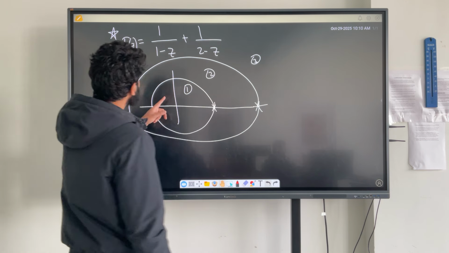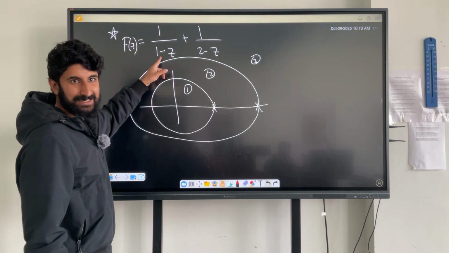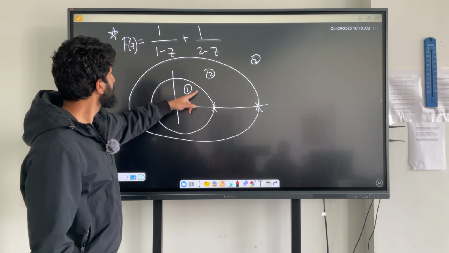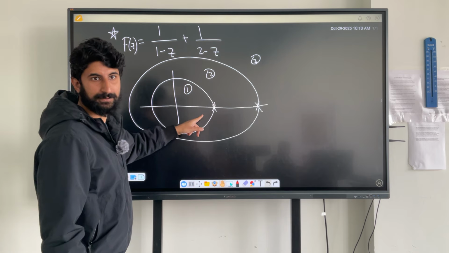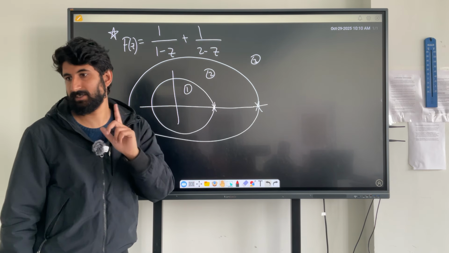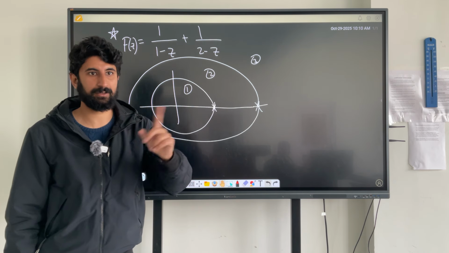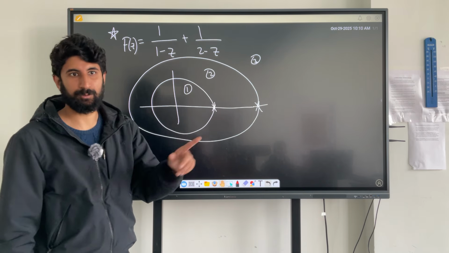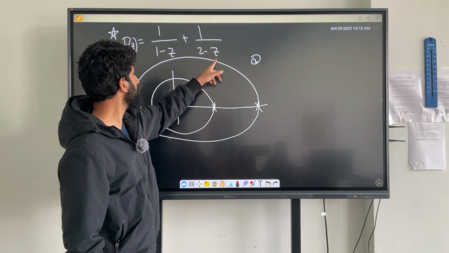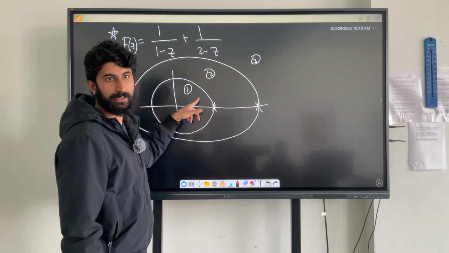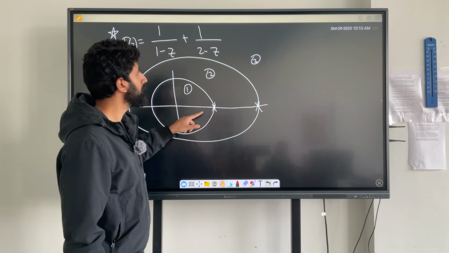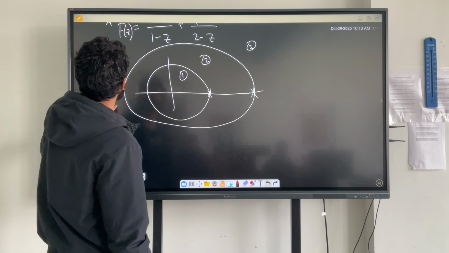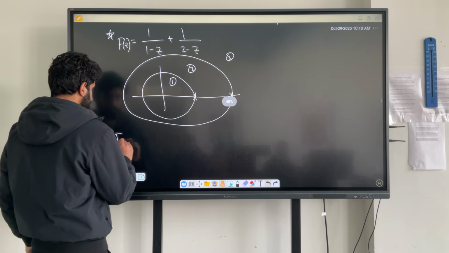So in region 1, mod z is less than 1. Well, saying z is less than 1 is a nonsensical statement, because complex numbers are not ordered. So mod z less than 1, because mod z is a real number, and mod z is also less than 2, right? So I can just write it like this, f of z.